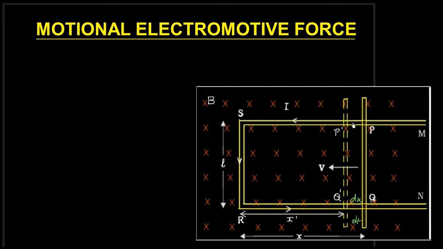PQRS is a rectangular coil which is placed in a uniform magnetic field B. The magnetic field acts perpendicular to the plane of the coil as well as towards the plane.